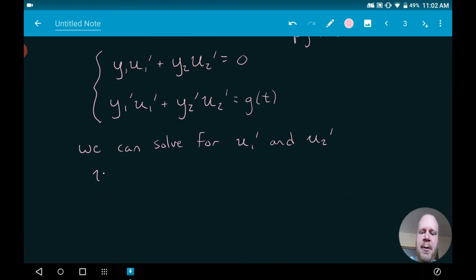And it turns out that if you solve this system, then you're going to get that u1 prime is equal to negative natural log of t, and that u2 prime is going to be equal to t times natural log of t.